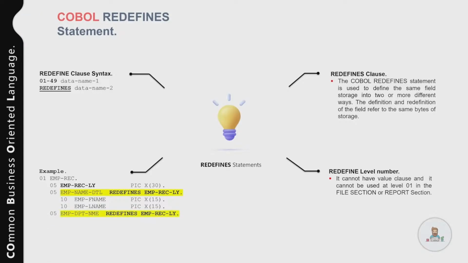Similarly, if you look at the next level, employee department name redefines the employee rec layout once again into two different variables, employee department, which is X of 10, and employee address, which is X of 15. If you notice, the previous redefinition was of the complete 30 bytes, and in my next redefinition I've used only 25 bytes. I've not used the entire 30 bytes. So this is how you can use the redefine statement to redefine the same memory location which was used by different variables within that particular record layout.